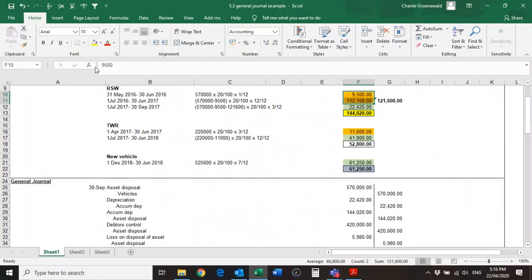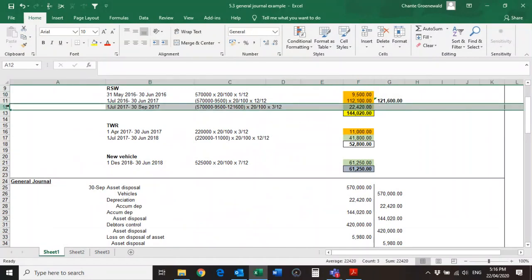I need to account for the depreciation from the beginning of the year up until the date that I sold it. How in the world are you going to ever remember to do this? Here's the reason: depreciation always only gets calculated at the end of the year. That's something you should know. Depreciation only gets accounted for at the end of the year.